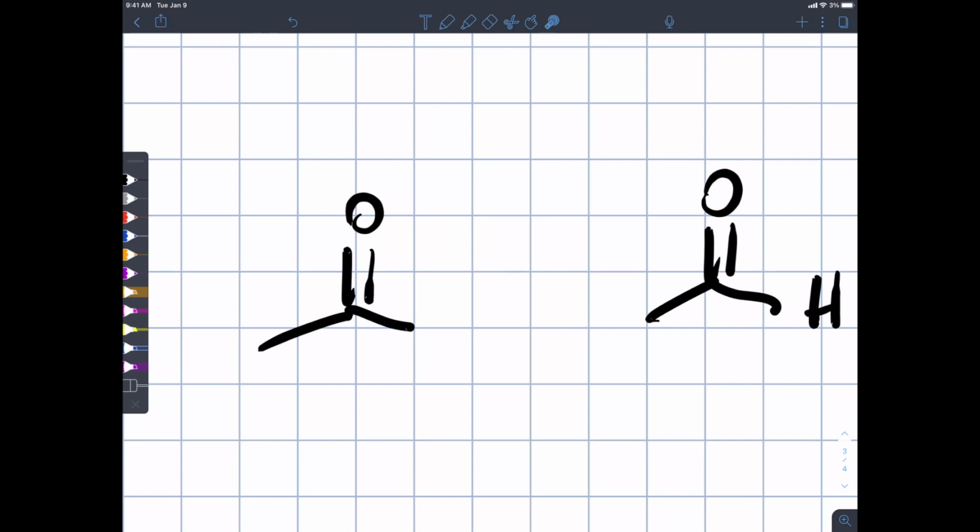Oh shoot, the iPad is down to 3%. I can't figure out why it's not charging at the same time it's plugged in. It says the battery is charged. Nevertheless, it says it's at 3%. Of course, it also says that it's Tuesday, January 9th at 9:41 a.m. As always, we can never get past that time.